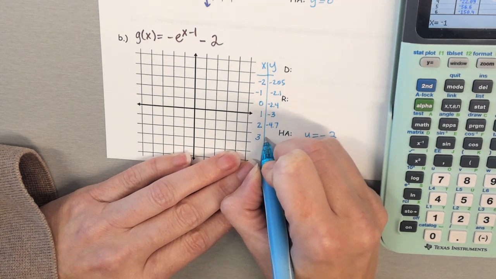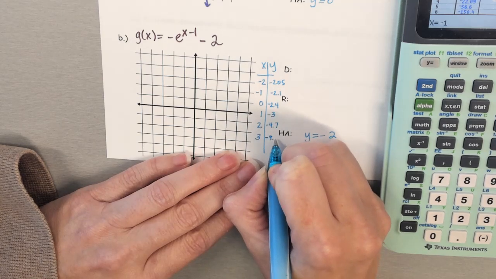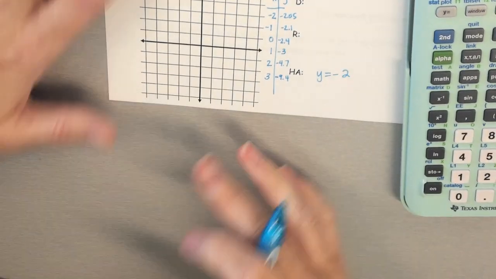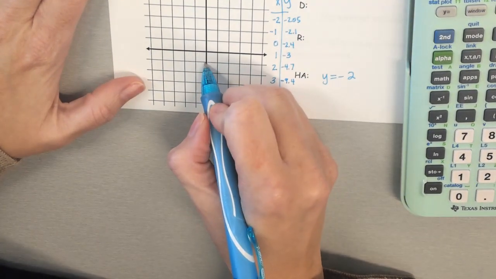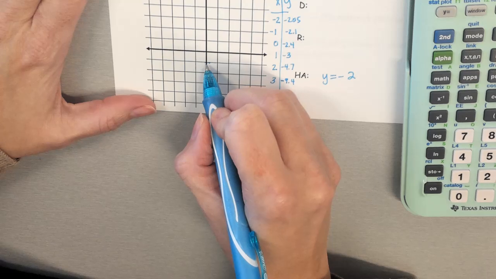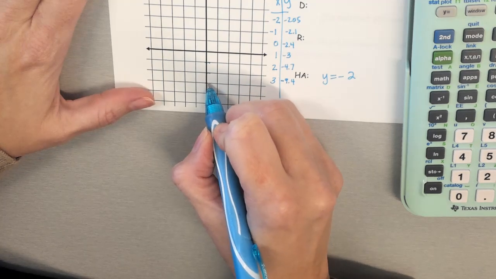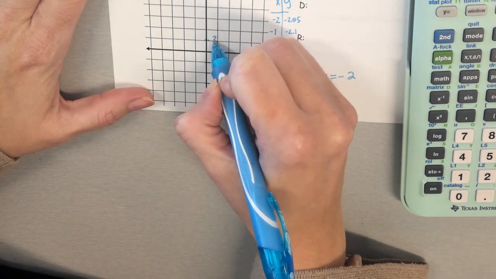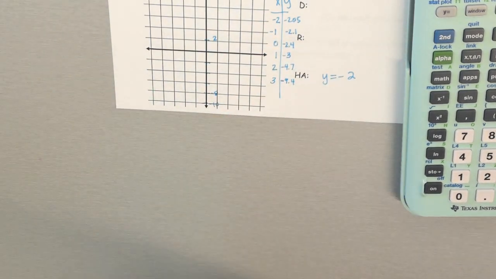So let's go up to 3 here. That's really what's going to create the nice curve in your graph. Again, let's go by 2s, and I'll try to remember this time: 2, 4, 6, 8, and 10. With the axis, we can still go by 1s.